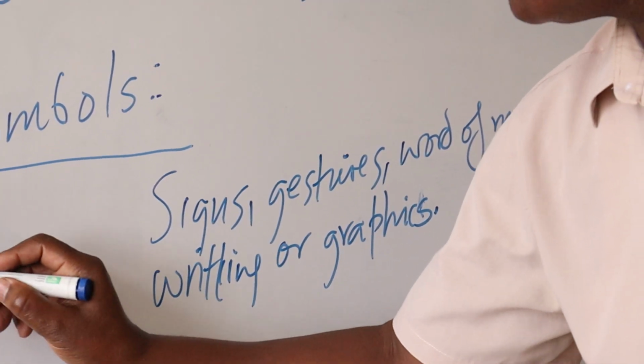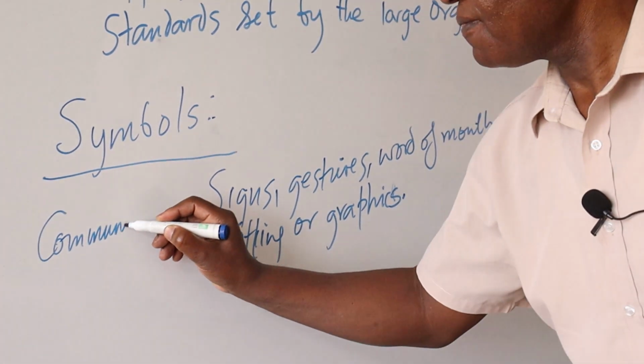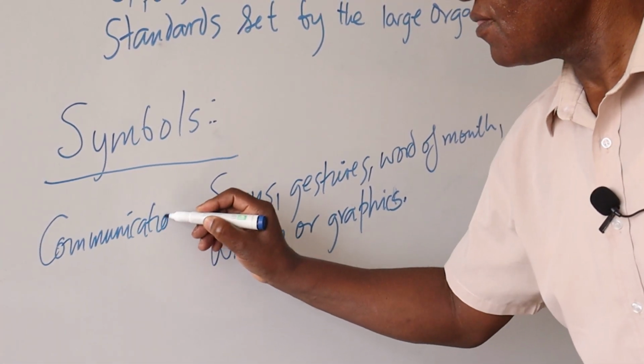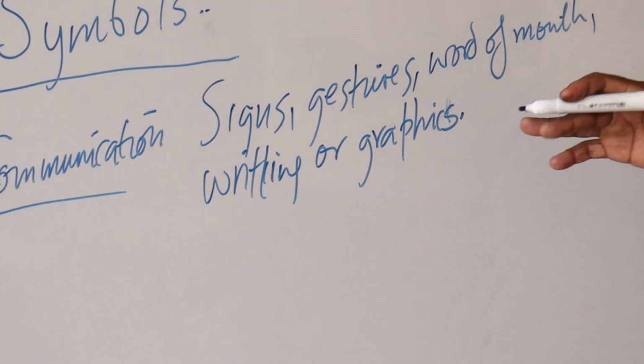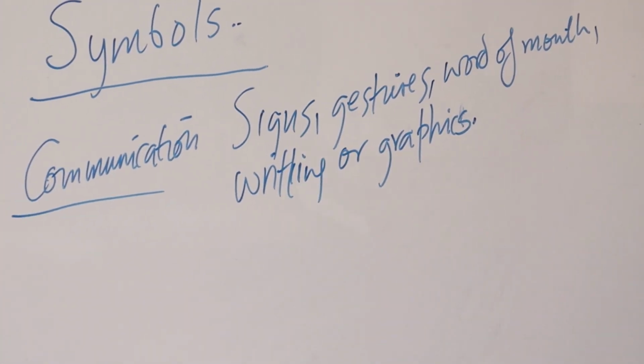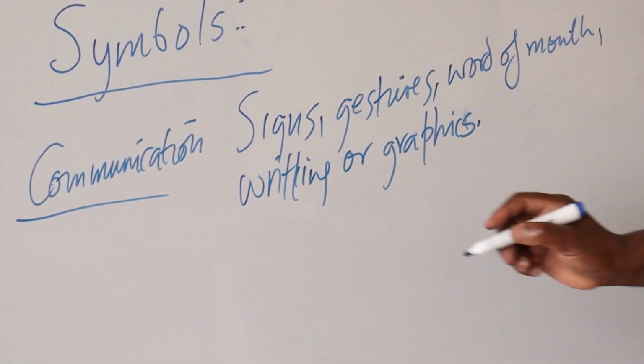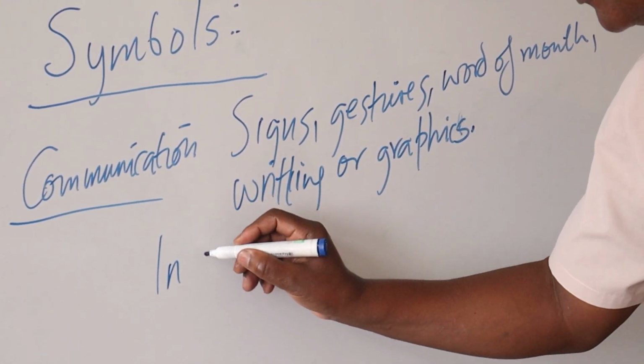This is with respect to communication. You can use signs, gestures, word of mouth, writing, or graphics. Now, in the industrial context, we use graphics.